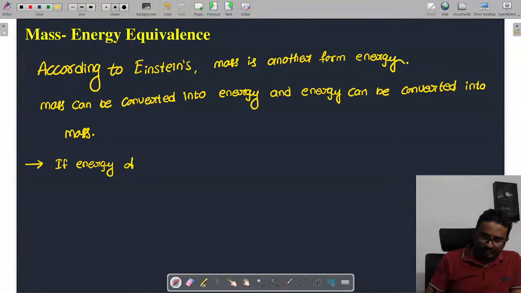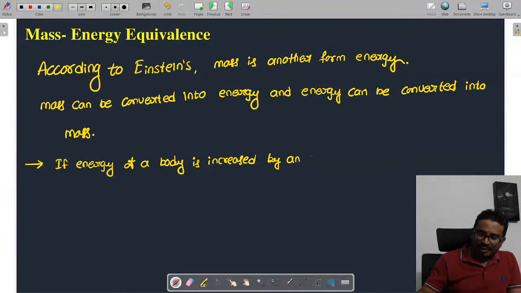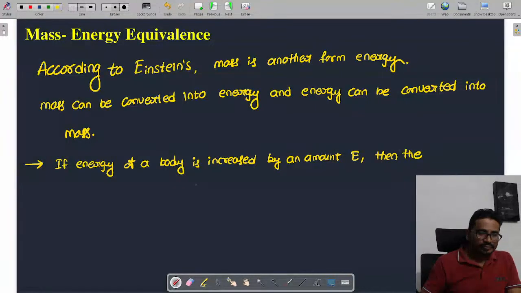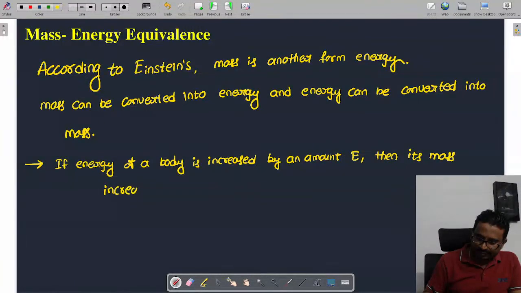If the energy of a body is increased by an amount E, then its mass increases by how much?